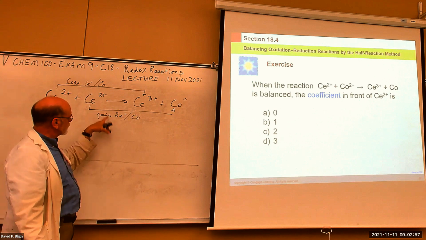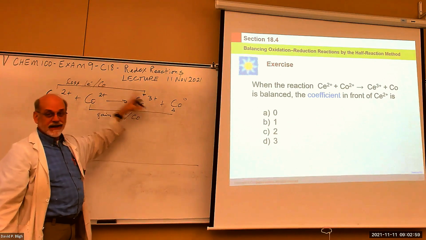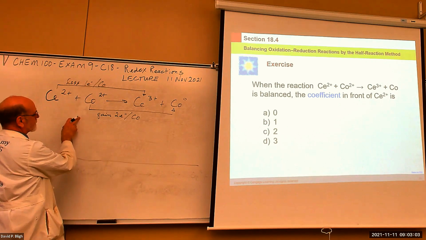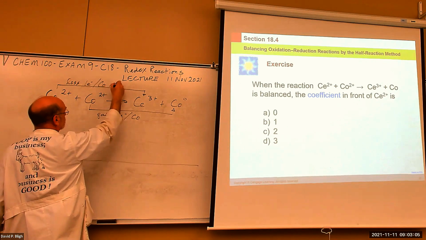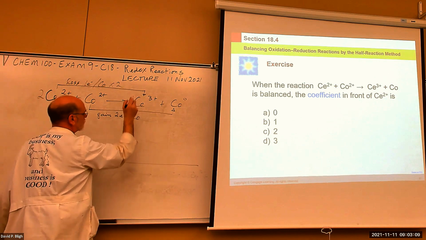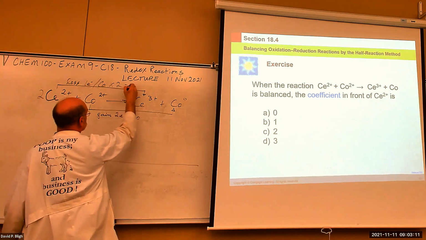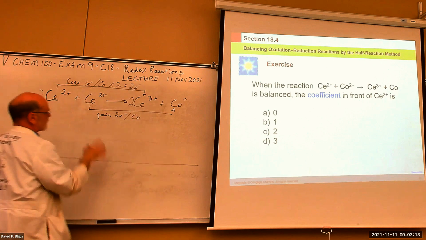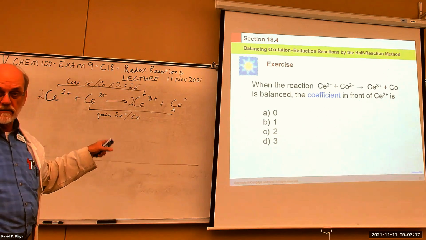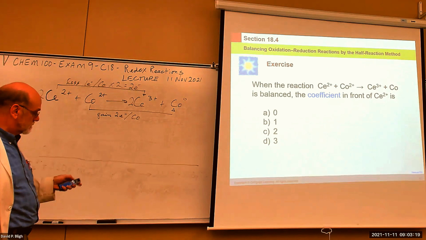So if we got 2 electrons gained here, we've got to have 2 electrons lost there. So how would we get that? Well, if we say 2 ceriums, then that would equal 2 electrons. And that is the answer. That equation is balanced.